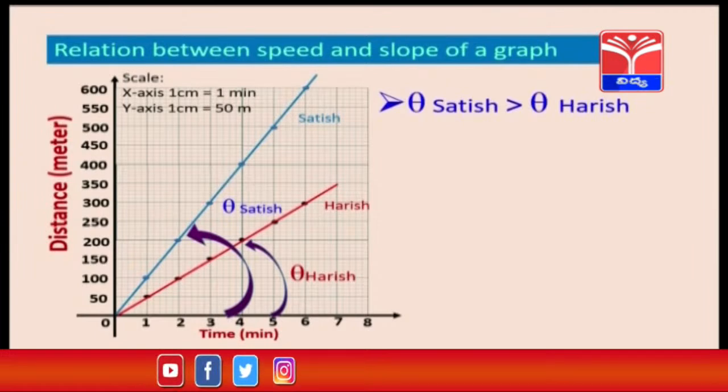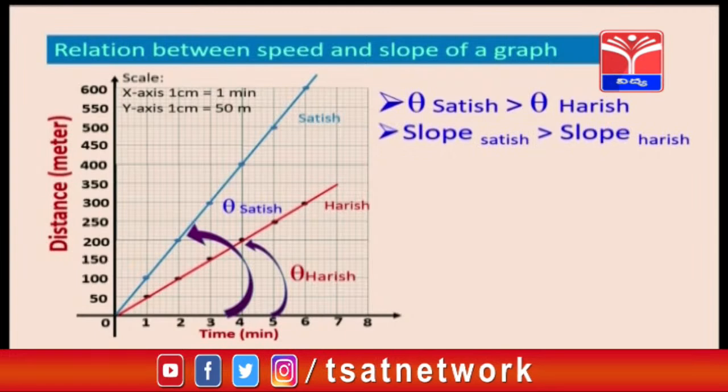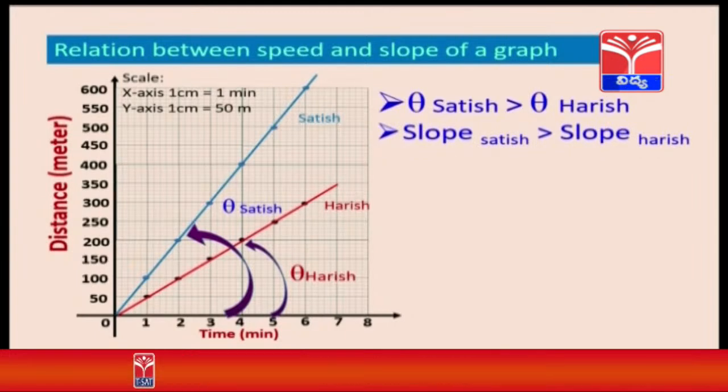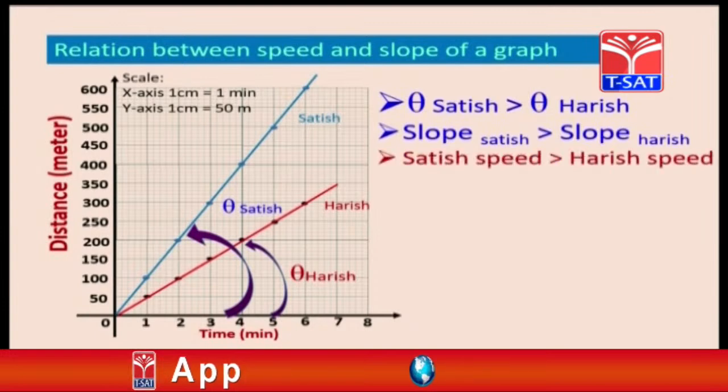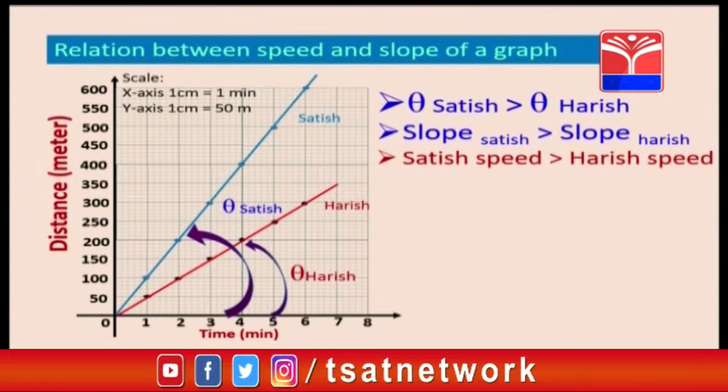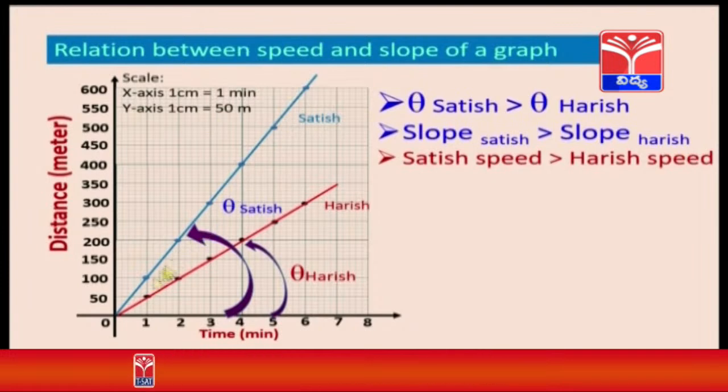That is, the angle of incline for Satish is greater than the angle of incline for Harish. From this we can say that the slope of the graph line of Satish is greater than the slope of the graph line of Harish. Now the speed of Satish is greater than the speed of Harish. So by observing the slope of these graph lines, we can easily say whose speed is more.